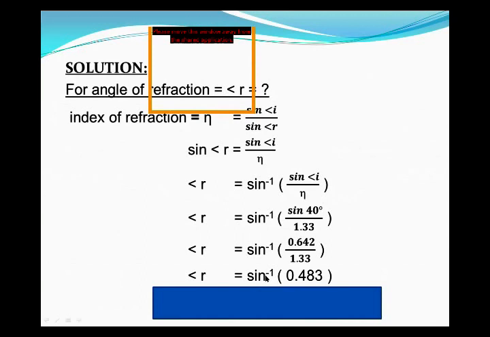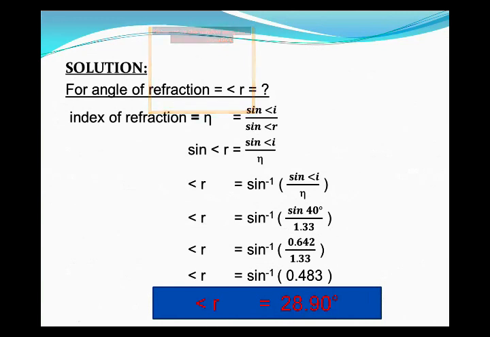Then on the display, you will see sine inverse. Then write this value 0.483 and press equal. You will get the value 28.90. This 28.90 is the angle, and it represents the angle R.